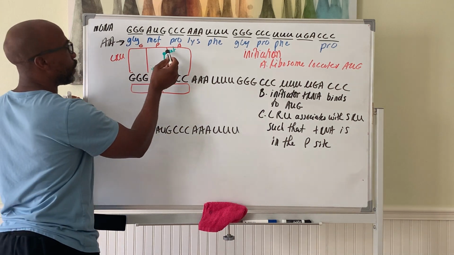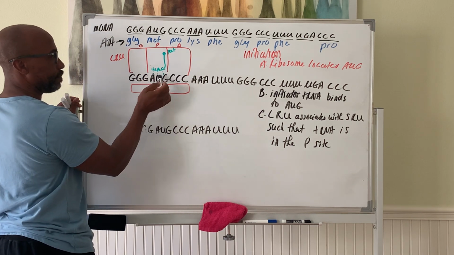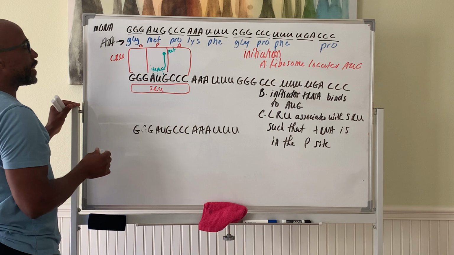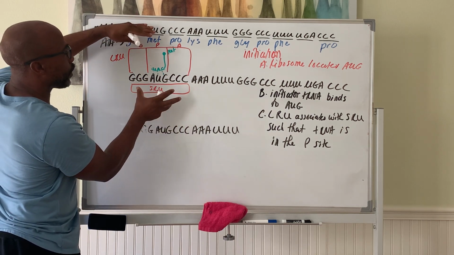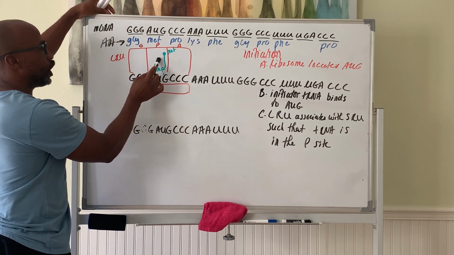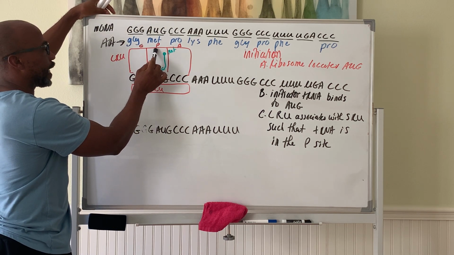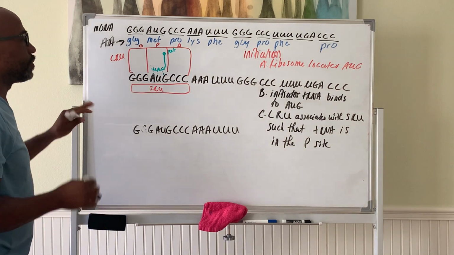So it comes in with the proper amino acid for AUG. And then the large unit comes in to form a dimer with its partner, such that the tRNA is now in the P site, and the E site and A site are open. That's initiation.